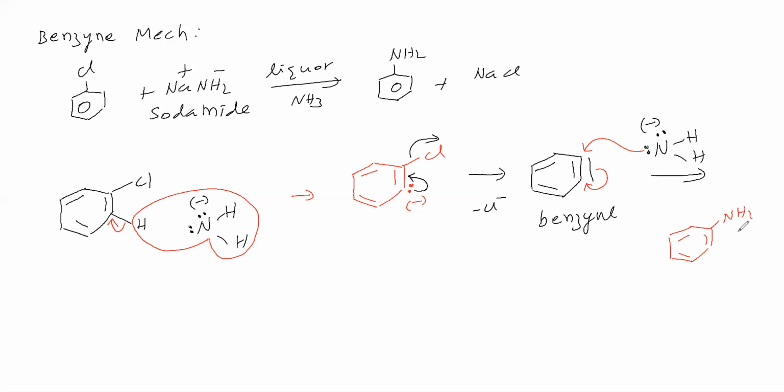Here NH2, here a negative charge. Then this negative charge abstracts a proton from ammonia and becomes like this. It provides H plus to this and becomes NH2 minus and leaves.